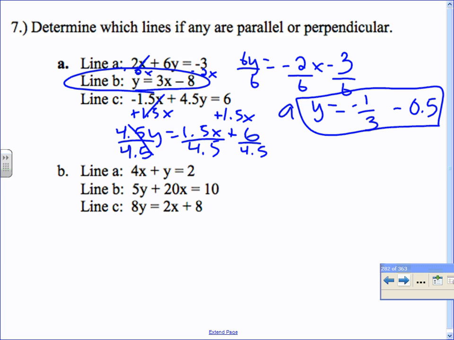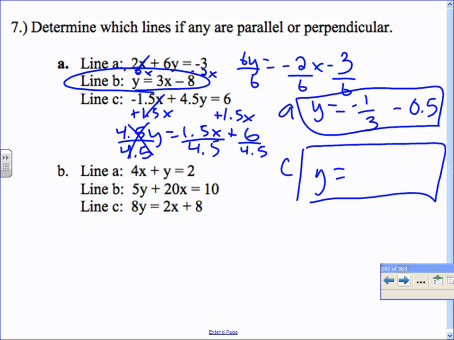Okay, so what is C in y equals form? You're probably going to have to use your calculator. Alyssa, what did you get? Good. Y equals 1/3 x plus 1.3 repeating. You may also keep that as 4/3.